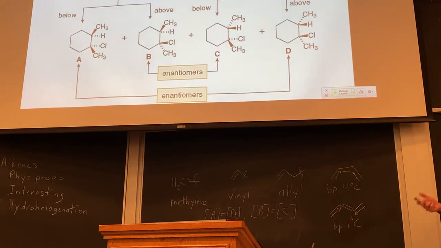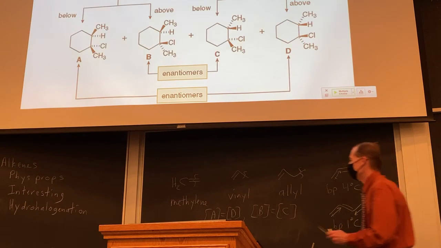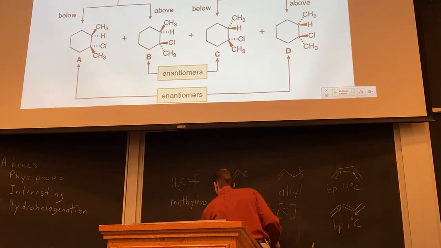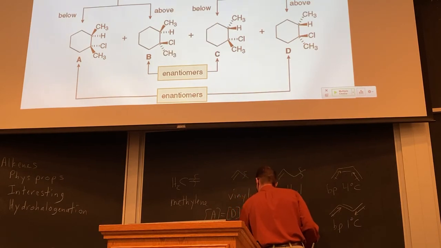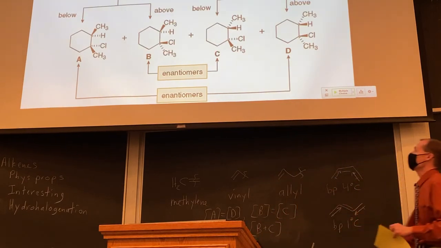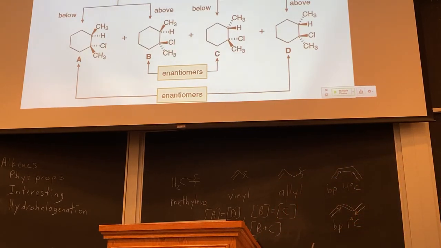The two minor products will be formed in the same concentration. But we know that A and D are going to be major over B and C. So the concentration of A and D is going to be greater than the concentration of B and C. So we have a major diastereomer and a minor diastereomer, and each of those diastereomers is formed as a racemic mixture. Any questions about that?